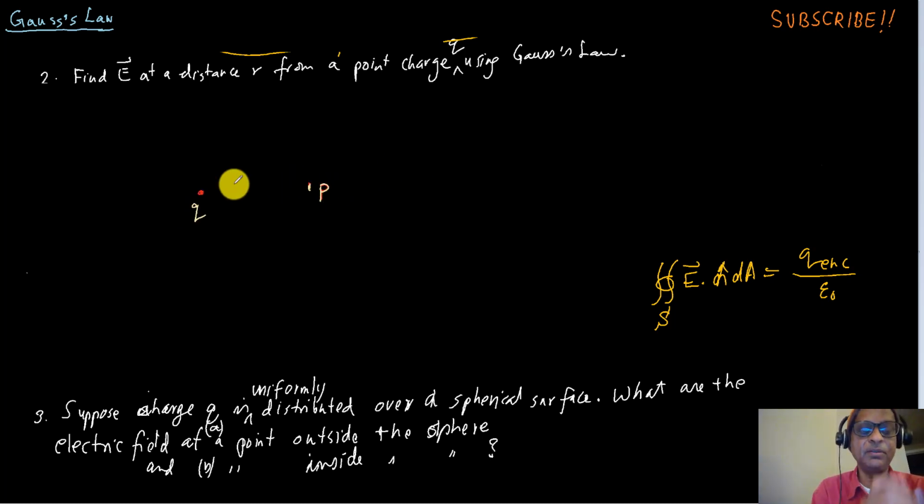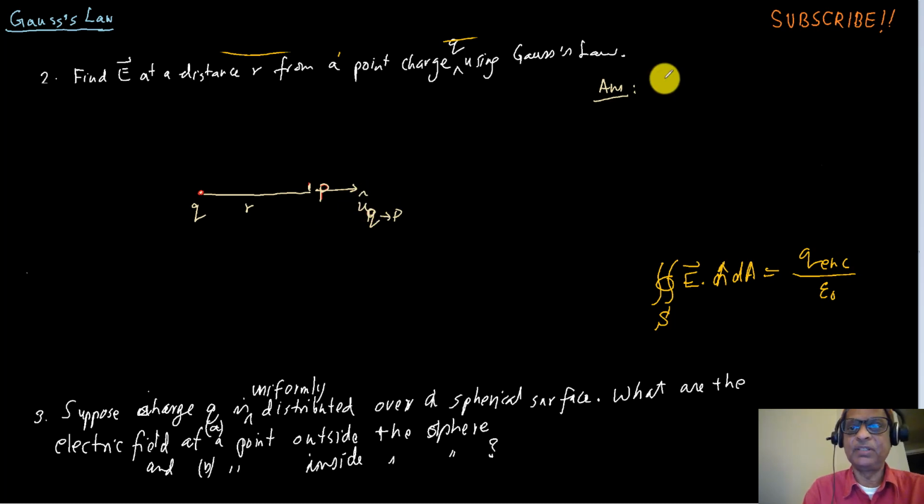If this distance is r and this vector is u hat at point P, the unit vector from charge to the point P, then we know the electric field at P is just equal to kq over r square u hat q to p, right?